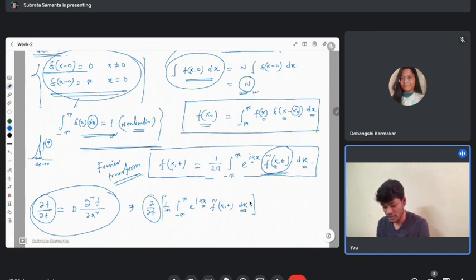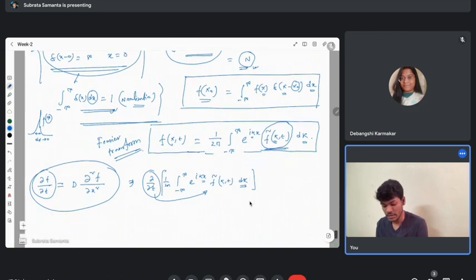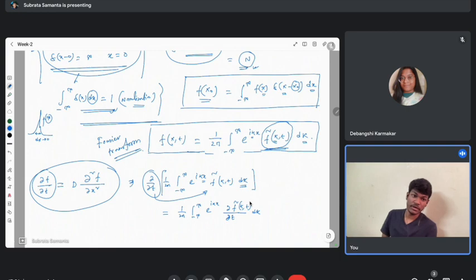So this gives 1 over 2 pi integral from minus infinity to infinity of e to the power ikx del f tilde over del t, without affecting any other variables. This f tilde only depends on time. Right, so the derivative goes inside the integration.